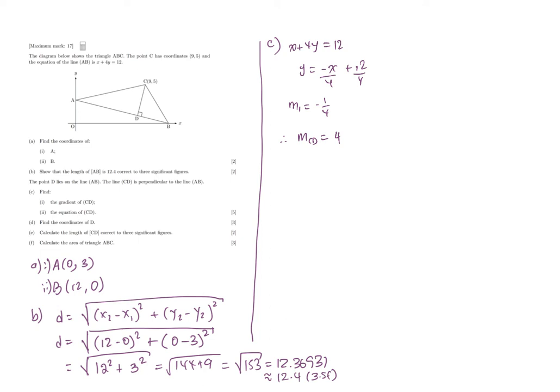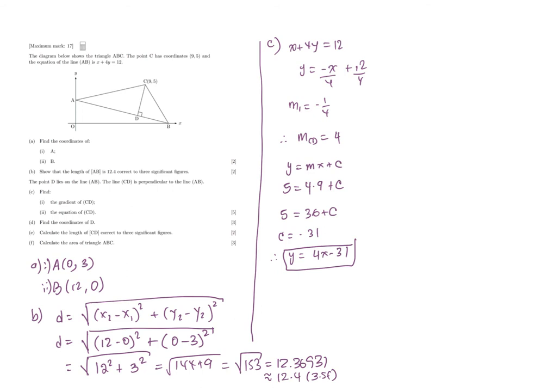Now to find the equation of CD, we need to use the point C (9, 5) that is given. We're going to substitute into the equation y = mx + c the values of the point. So 5 equals 9 times the slope, which is 4, and we're going to find c. So 5 is equal to 36 plus c, that means c is equal to minus 31. Therefore, the equation is y = 4x - 31.